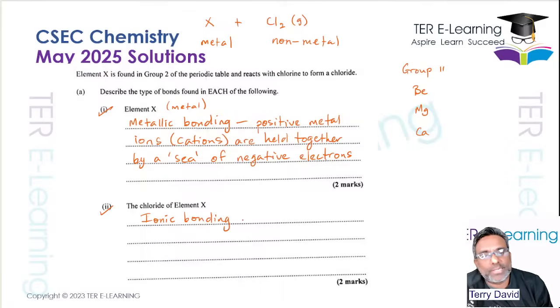So what you're going to see here are positive metal ions. And when I say positive metal ions, this belongs to group 2, so therefore it is X2 plus.